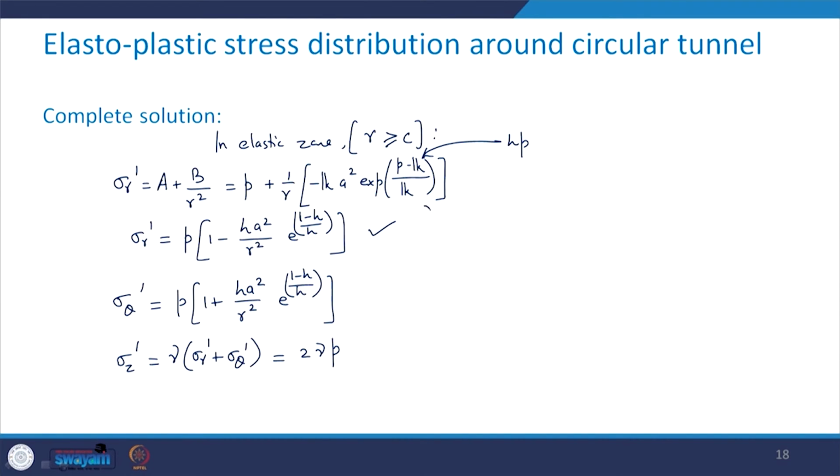So, first we will have here as equation number 14 these three equations, and we can write this radius of the elasto-plastic boundary again in the form of this h as a e to the power 1 minus h upon 2h. This equation I will write as equation number 15.